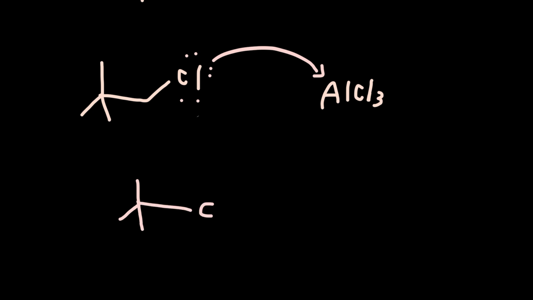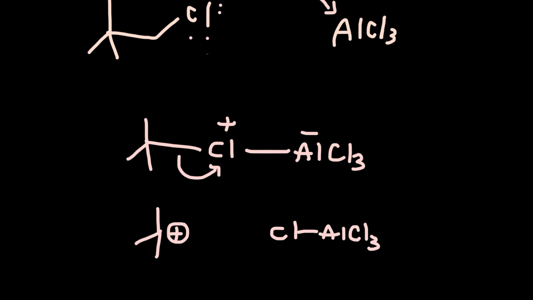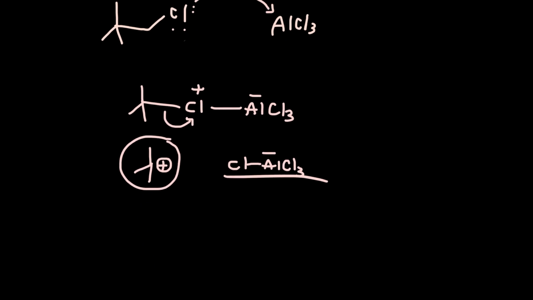That will create a complex, because when you draw an arrow between two things, that forms a bond between them and charge separation. Now the bonds like to attack the positive things, so that ends up breaking off and creating a carbocation, and you have your nucleophile too. So this is nucleophile, this is electrophile.